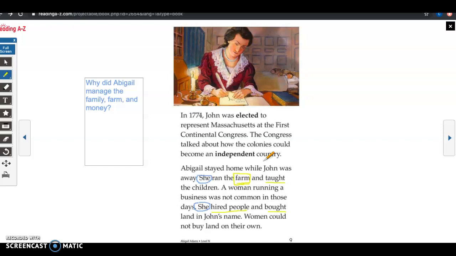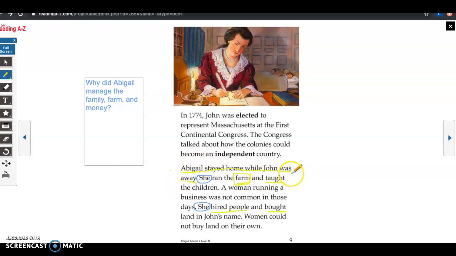We know she wanted the colonies to become independent. And here it tells us Abigail stayed home while John was away.